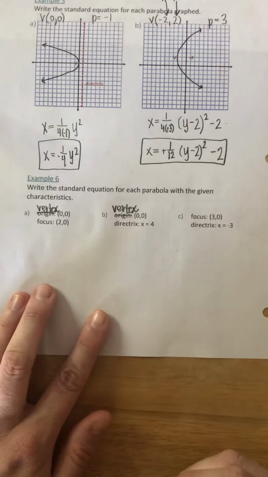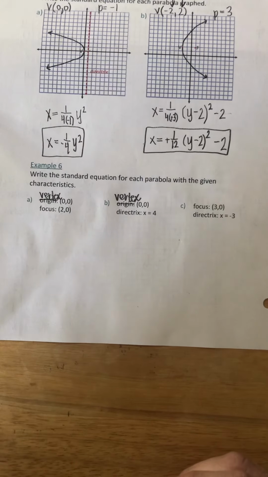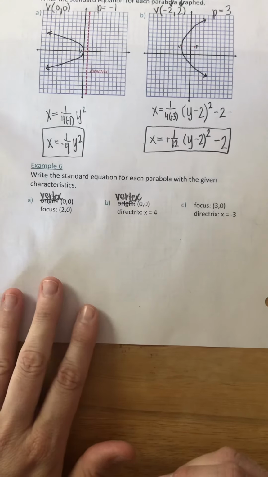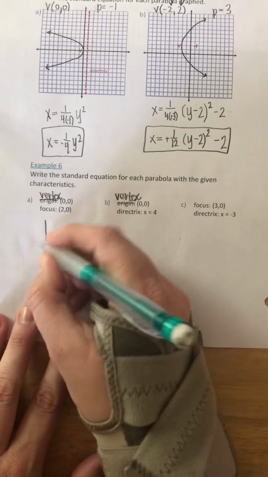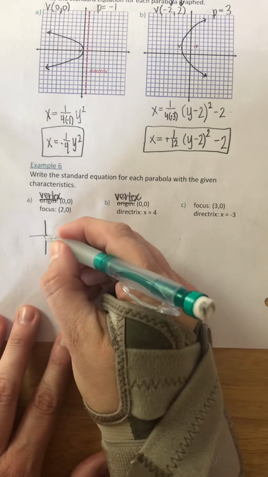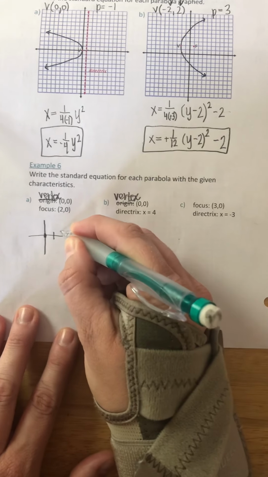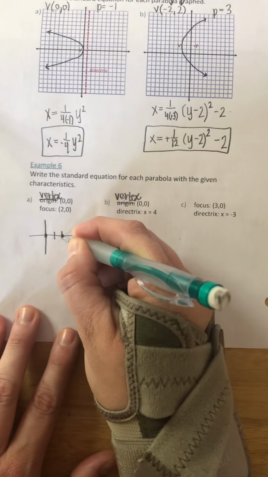All right, so let's start with letter A. The vertex is the origin at (0, 0), so the h and the k are both 0. I like those problems. It makes it pretty easy. The focus is at (2, 0). So if you were to draw a picture just to get a rough idea of what this would look like, we have the vertex at (0, 0). We have the focus over here at (2, 0).